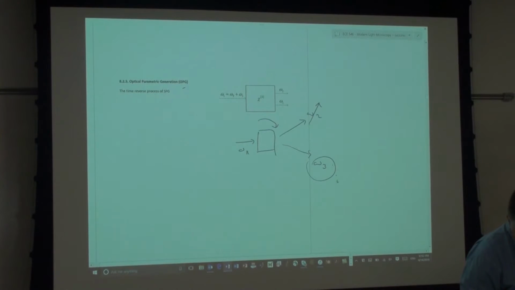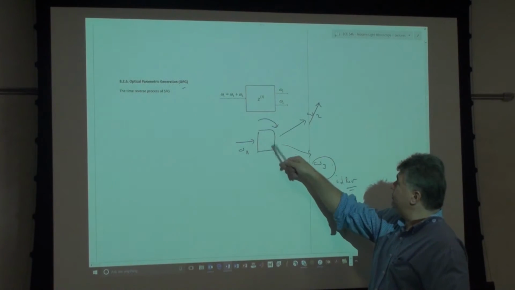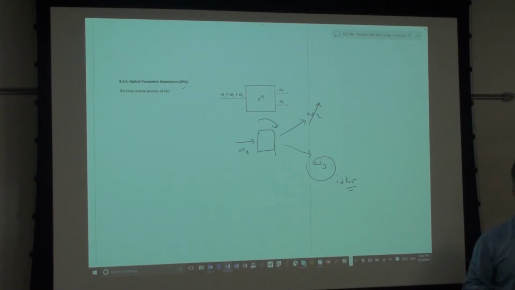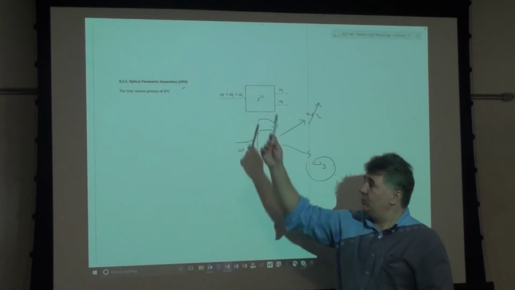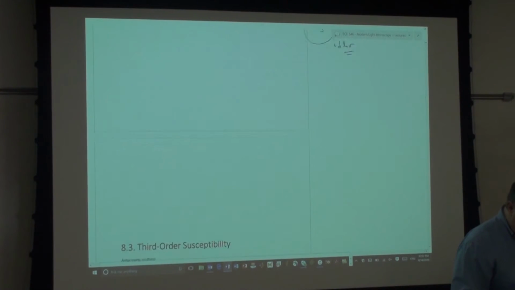Usually we don't use omega 3 most of the time. It's called an idler. Okay, so if you rotate your crystal, you are able to adjust what comes out as your new frequencies. That's why we call it parametric generation. And then you can amplify it. So it's OPA, optical parametric amplification, and so on.